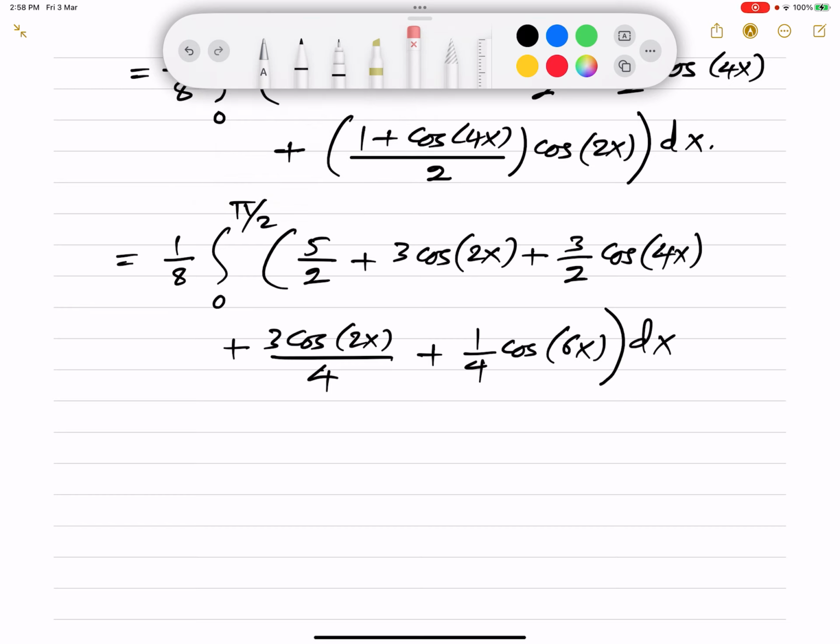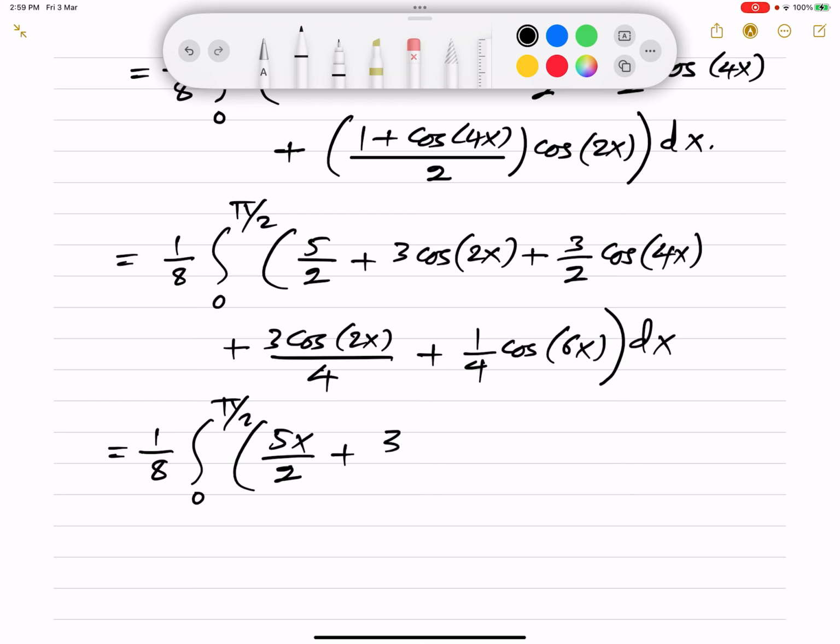So this is going to be equal to 1 by 8, the integral from 0 to pi by 2, and then the integral of the first term, which is 5x divided by 2, plus the integral of a cosine is a sine, but we need to, of course, divide by the coefficient 2.